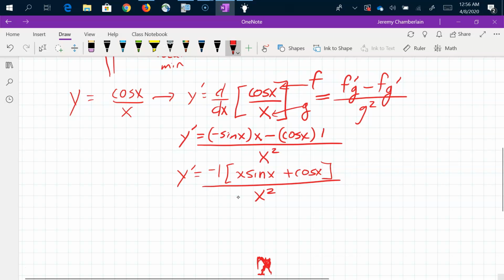Now I know that the denominator can't go to 0, but my original function wasn't defined at 0 either. So on the domain in question, we only need to look at the numerator and set this to 0, which we're trying to find: x sine x plus cosine x. Where does that go to 0?